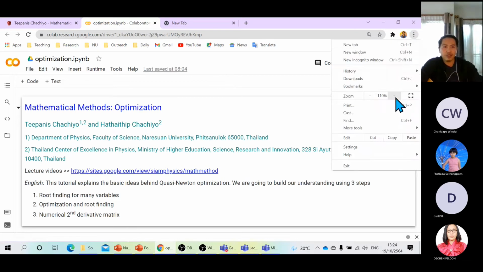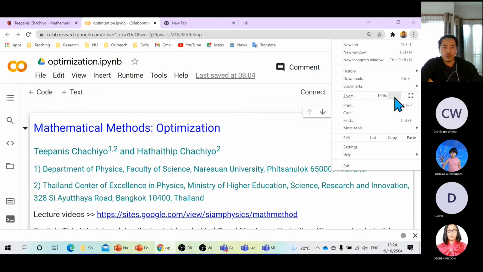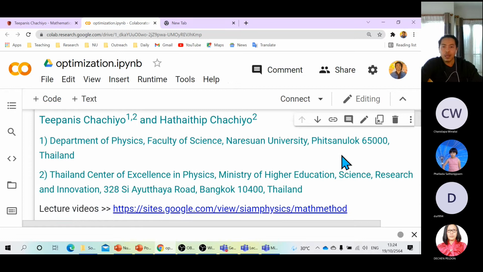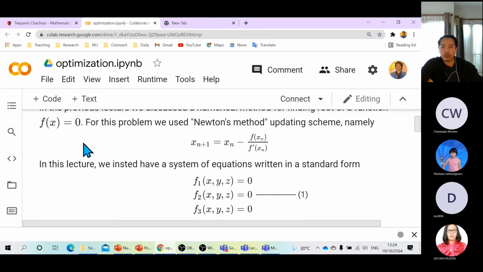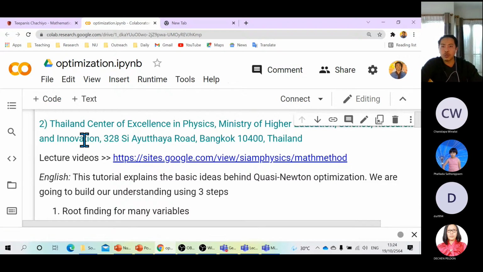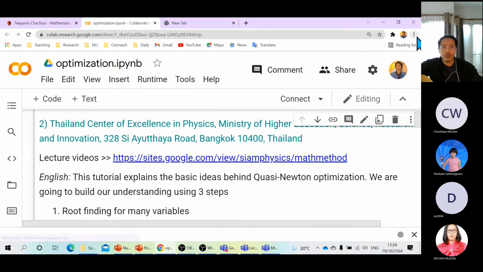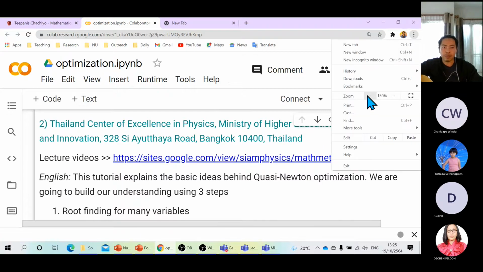Let me zoom in a little bit so you can see it better on the screen. Now in this optimization Google Colab notebook, I actually have 3 sections for you: the root finding, an optimization, and then the Quasi-Newton optimization. Let's look at the first section of this.